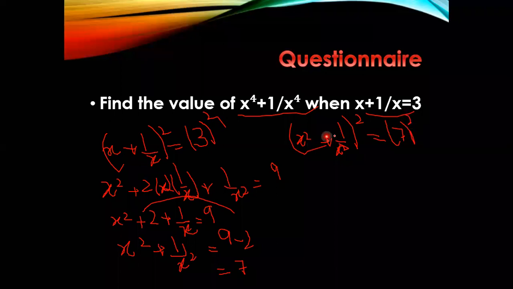Okay, so what will it become? Simply you will open the formula. I am going to erase this one. So it will become x square plus 2 under brackets. You will write x, that is term A, then term B, that is 1 upon x, plus 1 upon x square.